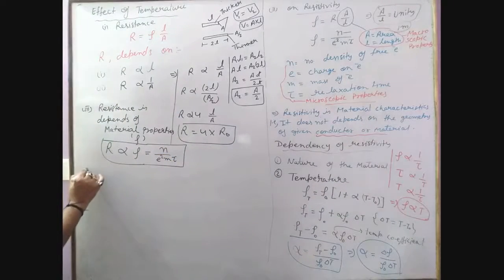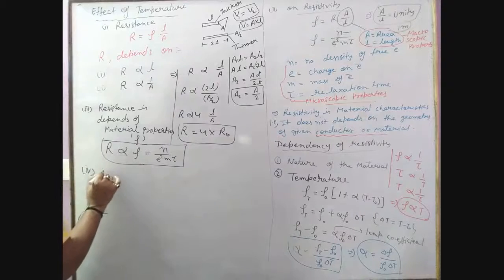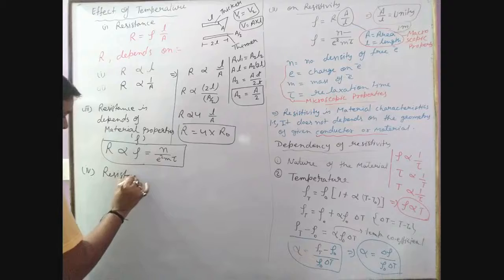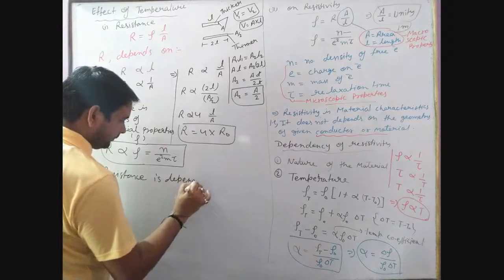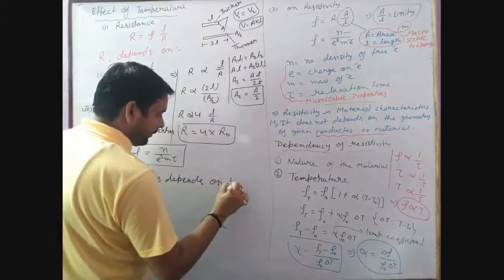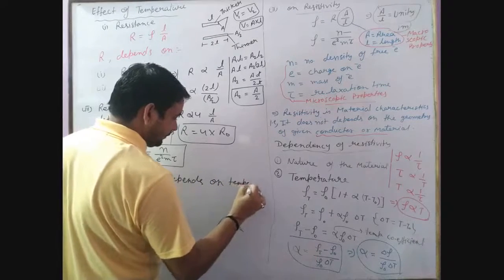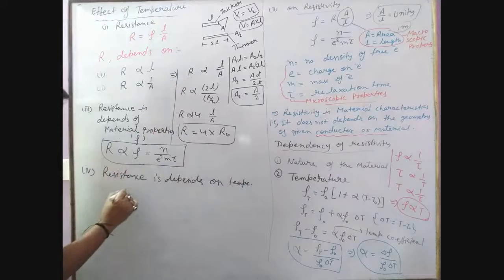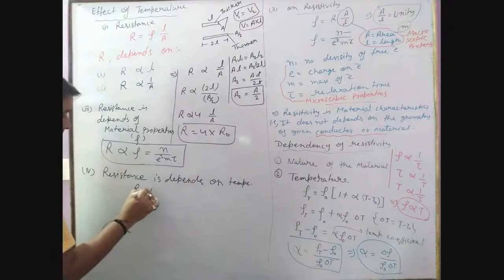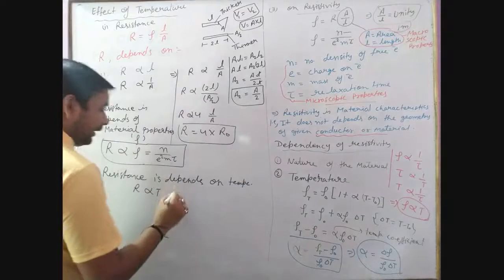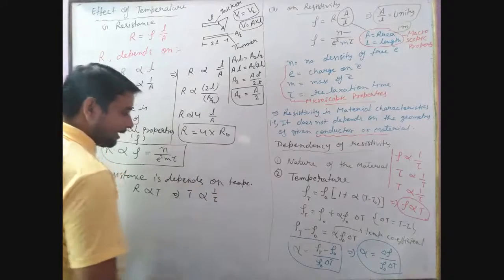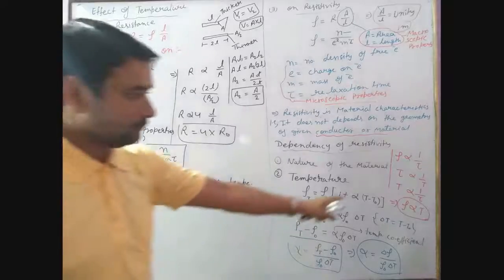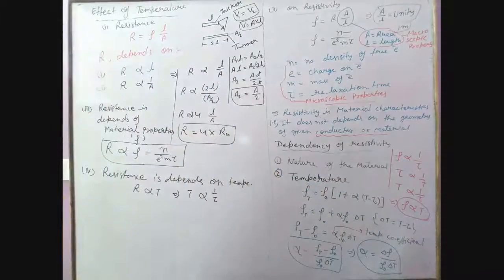Now the fourth is that resistance depends on temperature. Okay, in what way does it depend? R is directly proportional to T, and you know that T is inversely proportional to the time of relaxation with the same rule.